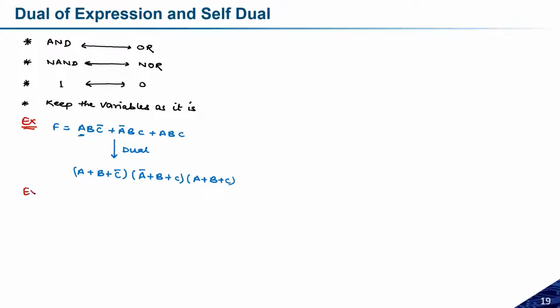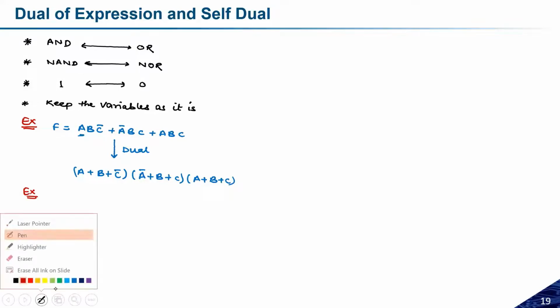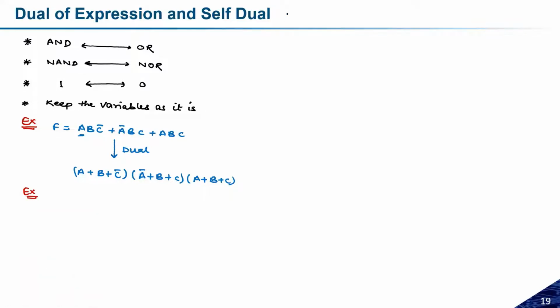Suppose I have a function f equal to a plus b bar plus c, into a plus b plus c bar, into a plus b plus c. Let us assume this is an expression which is in the POS form.